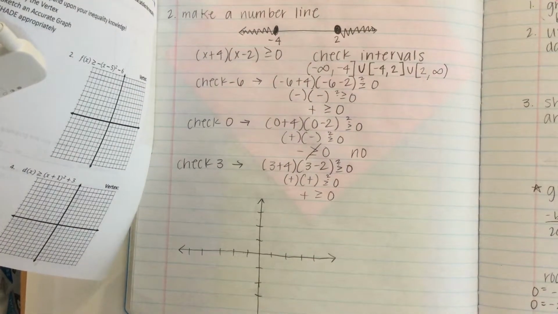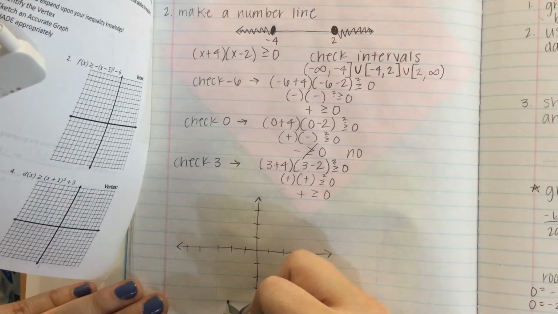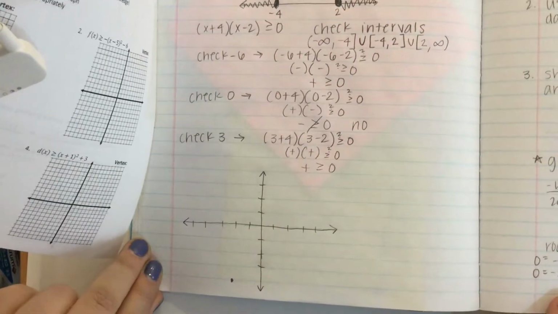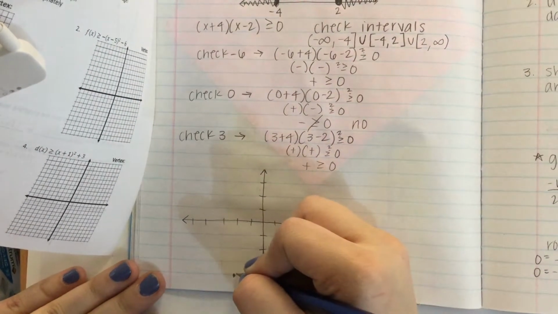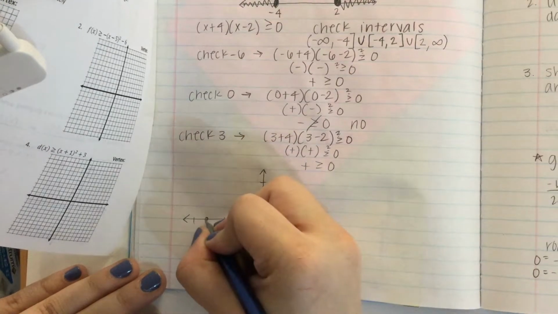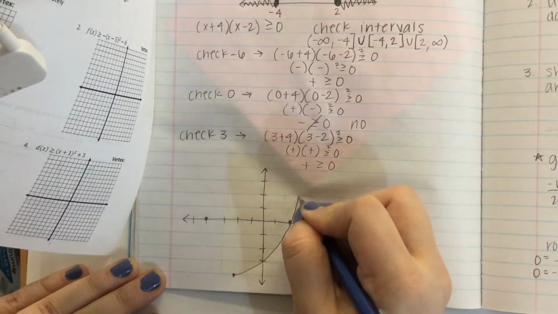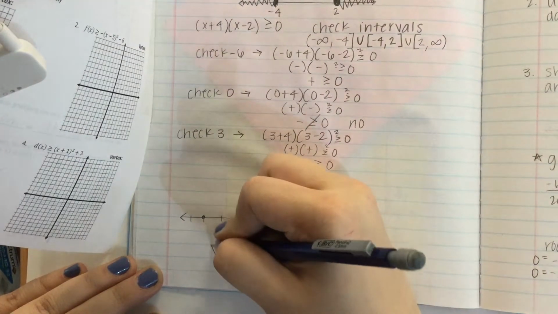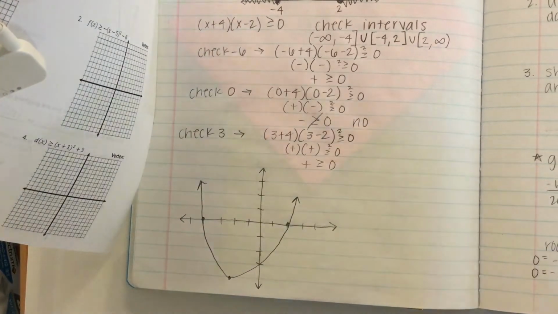Negative 2, 4 minus 4, negative 8. It's going to be way down here. My zeros are negative 4, 2, 3, and 2. So pretend this is my parabola. I know it's not perfect, but... Not at all, not even close.